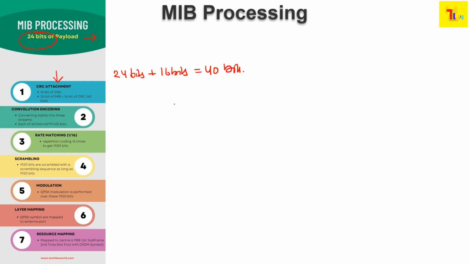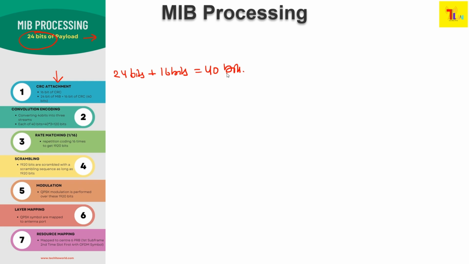Now the next process that is performed over these 40 bits is convolution encoding. What exactly will the convolution encoding do? A tail bit is added, and it is performed over the 40 bits. Before performing the convolution encoding, first know what exactly the encoder is.